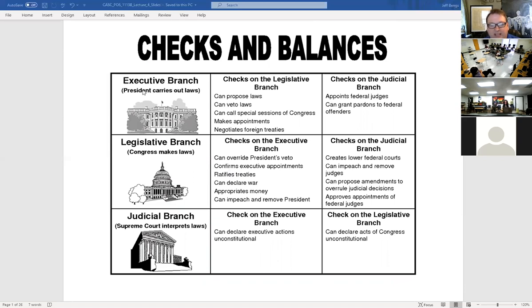And likewise, the executive branch and the judicial branch keep a check on the legislative branch.